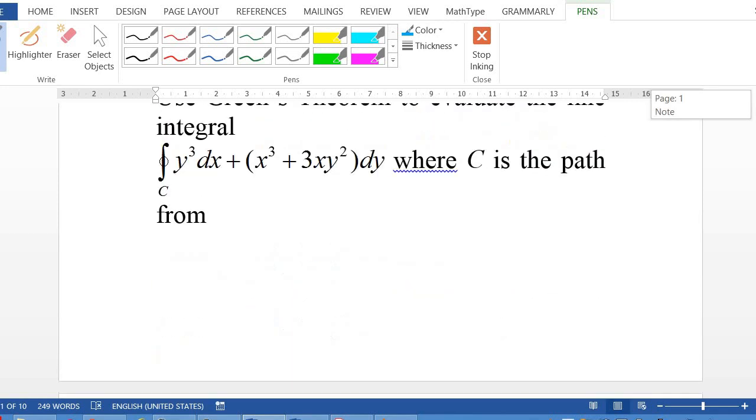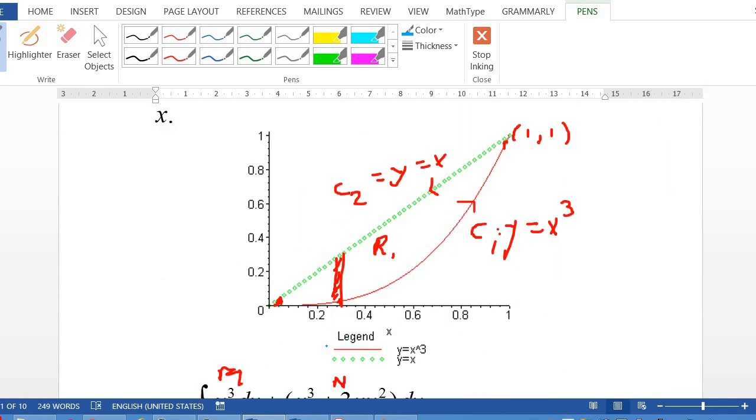Like example 1, you have a curve C1, y equal to x cubed, curve C2, y equal to x. They traverse in anti-clockwise directions, and the curve is piecewise smooth. C1 is smooth, C2 is smooth. It traverses anti-clockwise and it is closed.